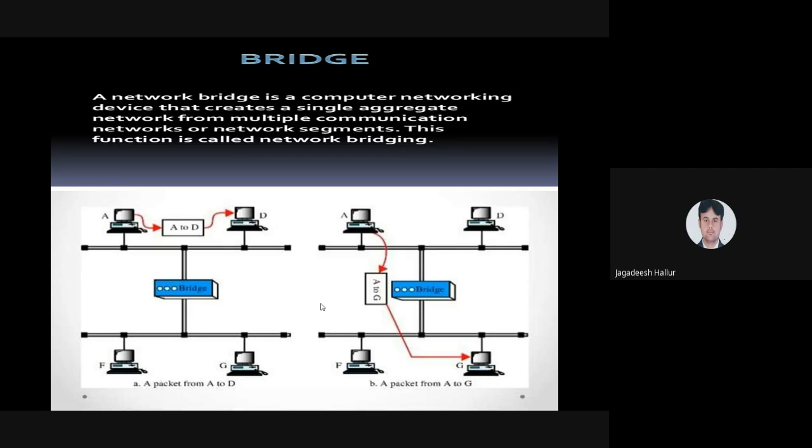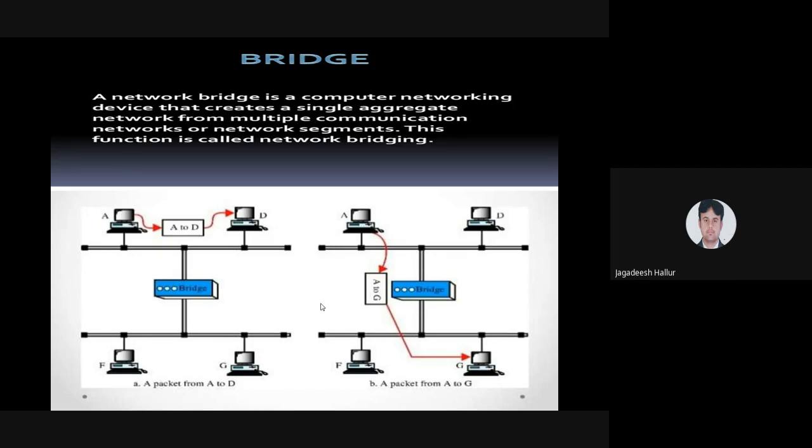The second time it also broadcasts. But if you want to send a message from A to D, both on the left side, the bridge comes to know that this computer is located on the left side itself, in port 1 itself. So there is no need to broadcast the messages to the right side.